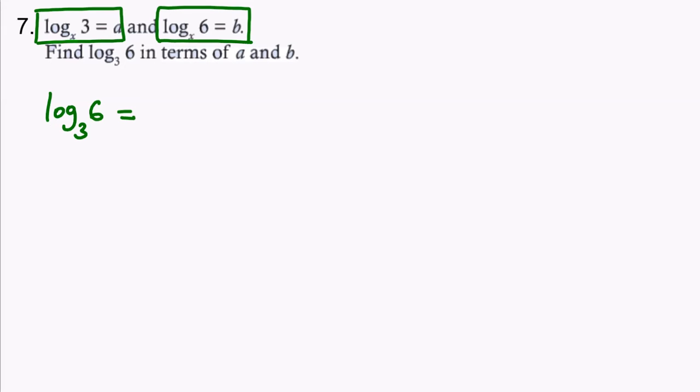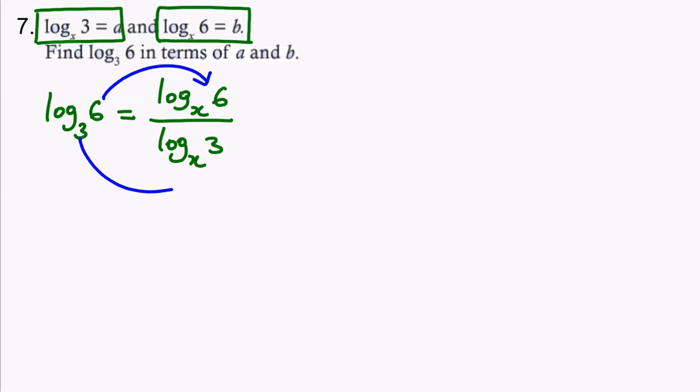I'll change this to the base of x, so this will be log to base x of 6 over log to base x of 3. Remember, 6 is going up, 3 is going down. From the conditions I'm given, log to base x of 6 is b, so that will be b over a. And that's the answer.